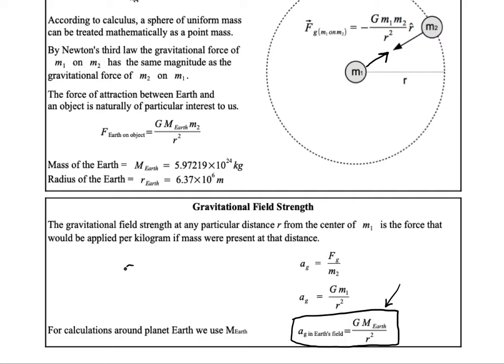So for example, if I were to draw the Earth here and say I want to evaluate the field at this point in space, then the things I need to know will be the distance to the center here, that'll be r. I'll also need to know the gravitational constant as well as the mass of that object exerting the field.